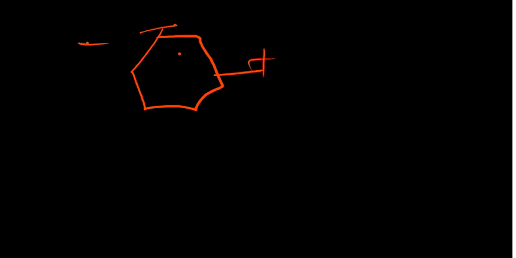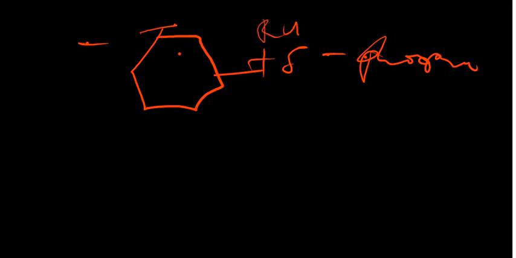Alright, in summary, what you need to expect from this lecture is this. Pyrimidine is made by first making the ring, and then it's attached to ribosyl 5-phosphate. That's point number 1.